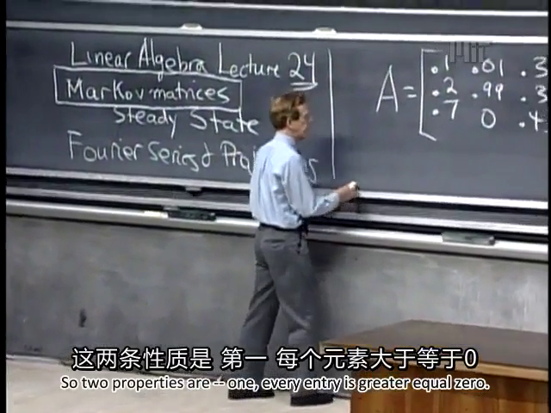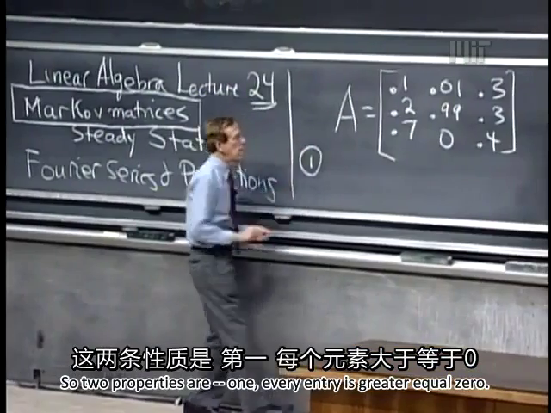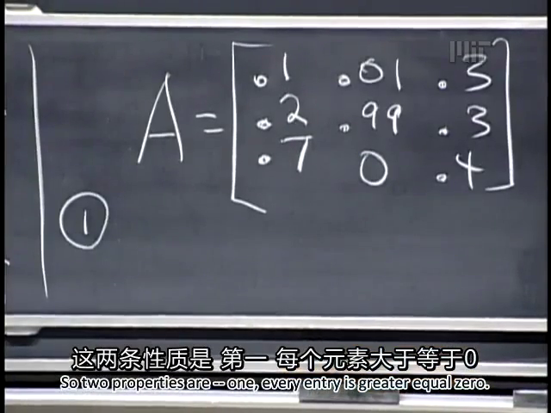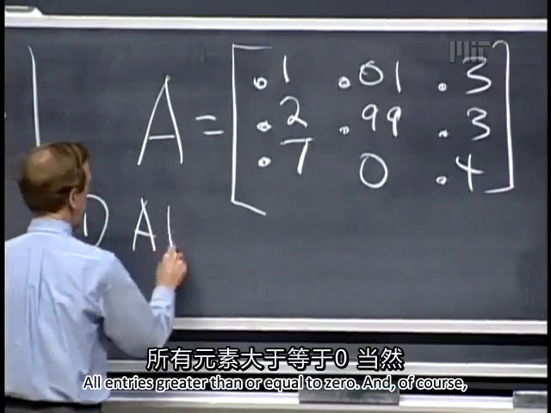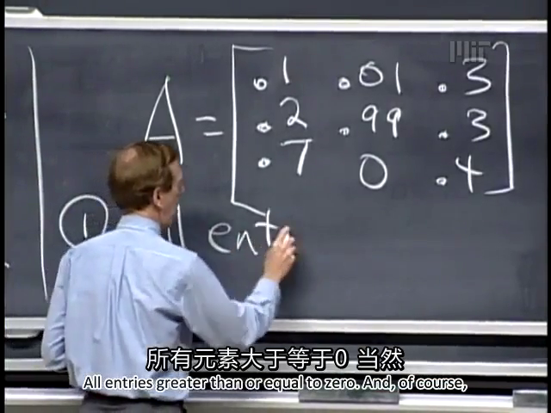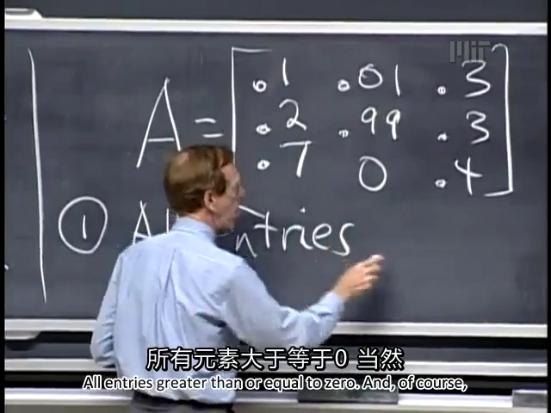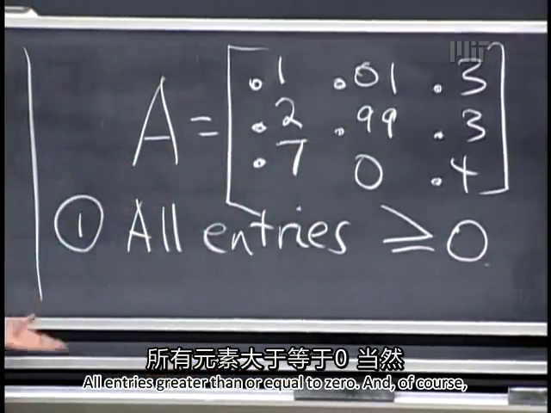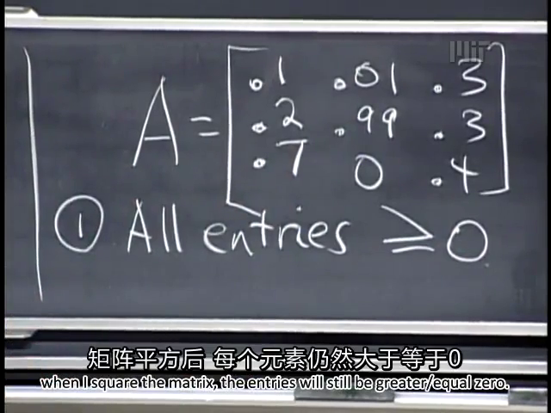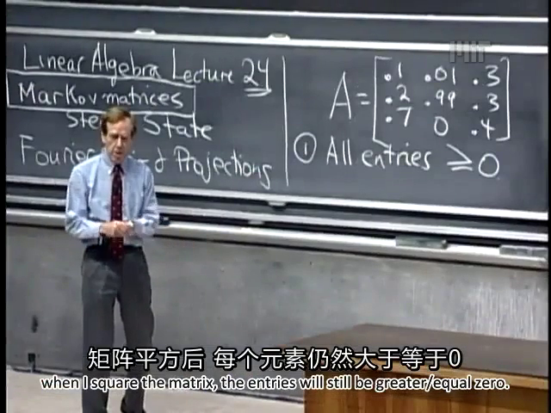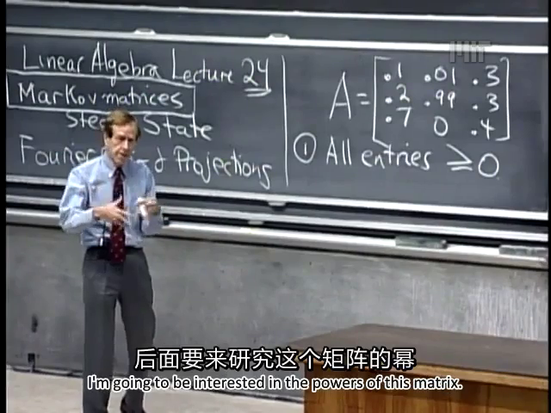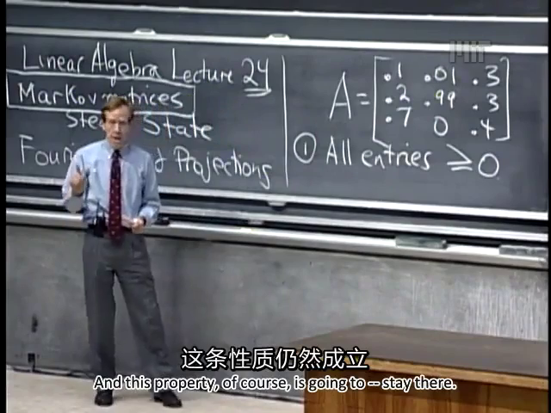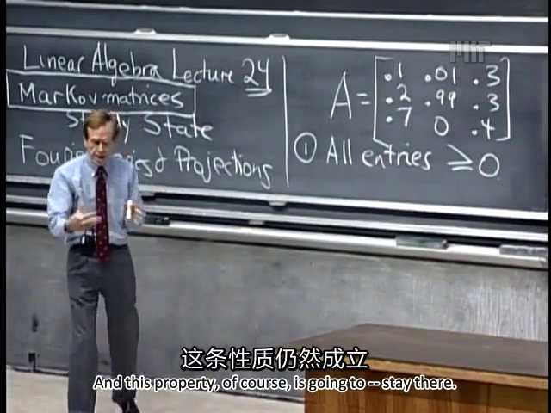One, every entry is greater than or equal to 0. And of course, when I square the matrix, the entries will still be greater than or equal to 0. I'm going to be interested in the powers of this matrix. And this property, of course, is going to stay there.